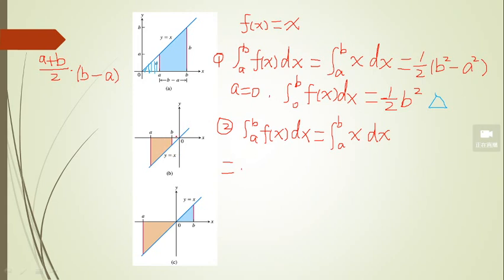This time, if you put b squared and a squared, which number is larger? Be careful, these a and b are negative numbers. If you put a square, of course a square will be larger than b square, right? So actually it equals this one.